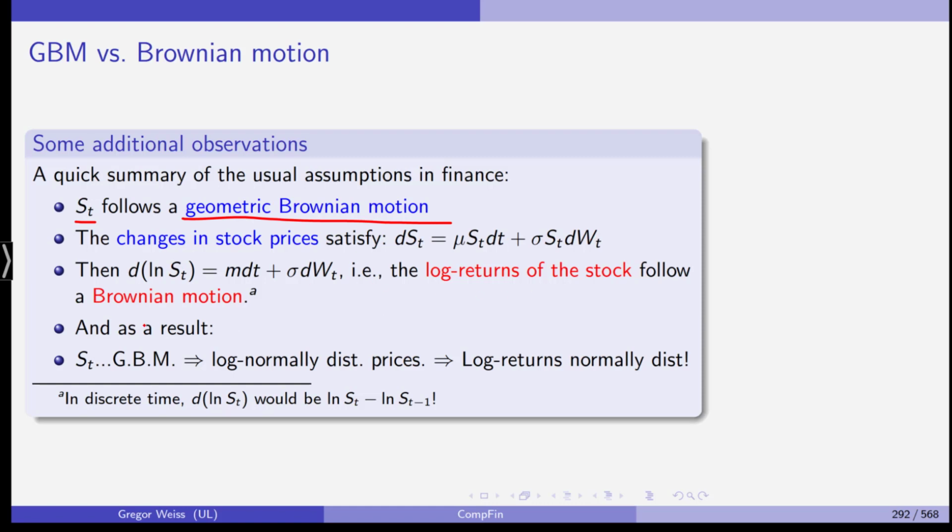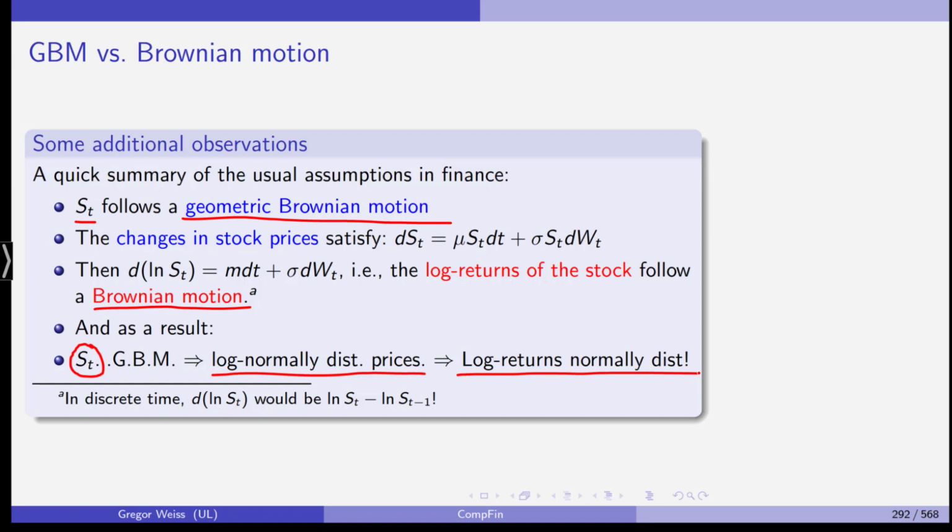We now know this is a Wiener process, and as a result, the assumption of geometric Brownian motion for the stock prices gives us log normally distributed prices and log returns which are normally distributed. And in many textbooks you will see that people say, okay, we assume a normal distribution for the log returns.